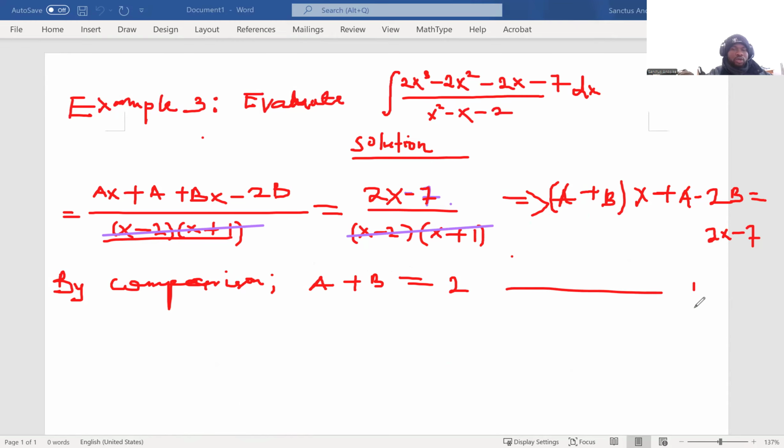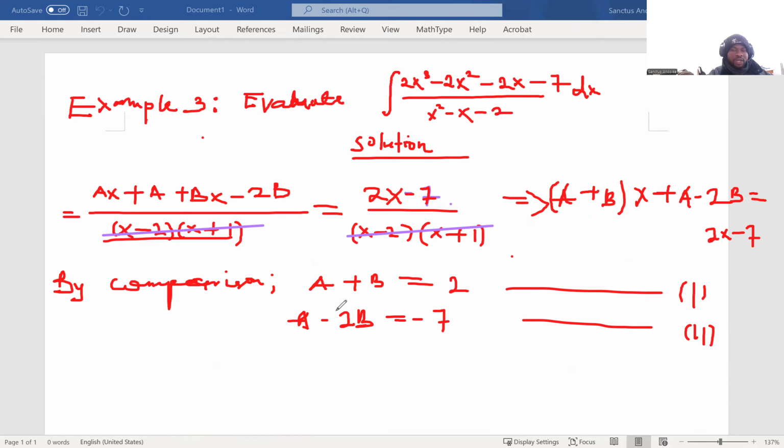We call this equation 1. And then A minus 2B is equal to minus 7. We call this equation 2. All right, so now we can eliminate A to find B. It's easy to eliminate A to find B. So using the elimination method, equation 1 minus equation 2: A minus A, 0.